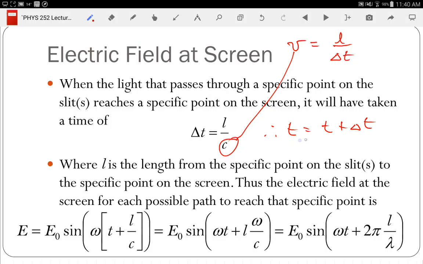It seems odd to have t equals t plus, but this t here is the time when it hit the grating, and this t here is the time at the screen.